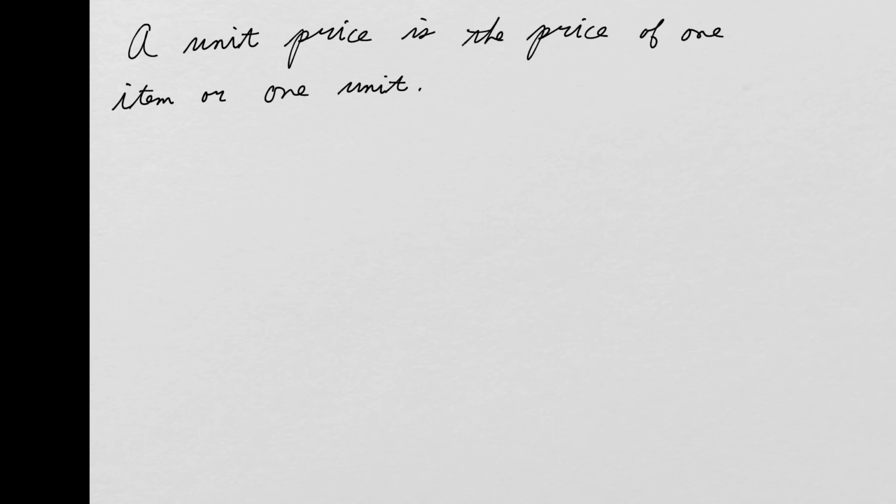Okay, so let's do a couple of problems with this. So really, this is just a rate, right? A unit price is like a unit rate again. So let's say we want to find the unit price and we want to round to the nearest cent.